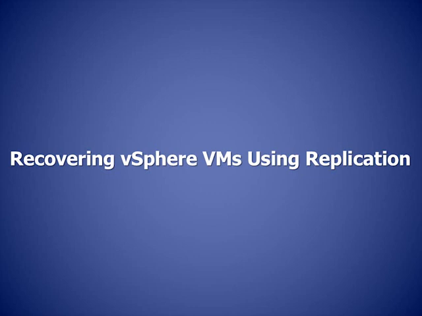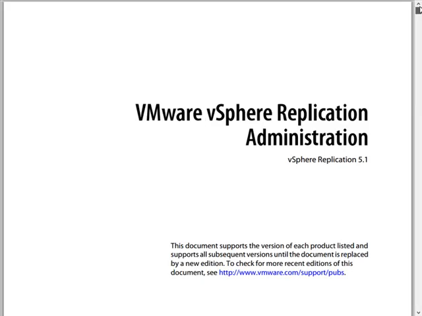It can be a complex process if you have many virtual machines and multiple sites. You'll need to learn about your applications. You'll need to consider the RPO for each of your virtual machines. So one of the things I recommend that you do is to go read the vSphere administration guide from VMware. It has a lot more detail than what I can provide you in these video training lessons.